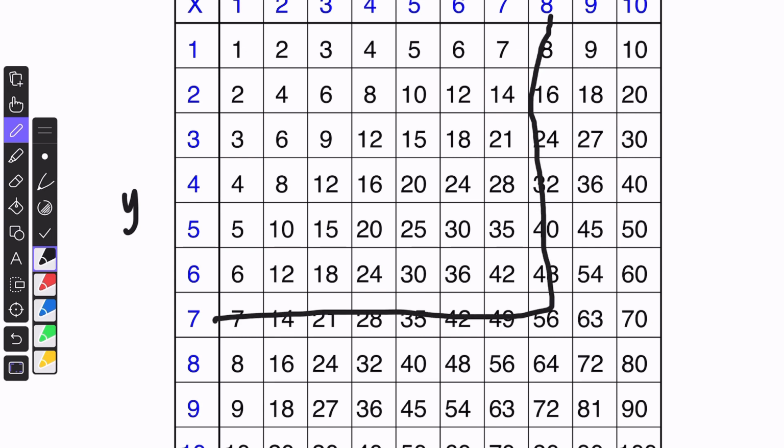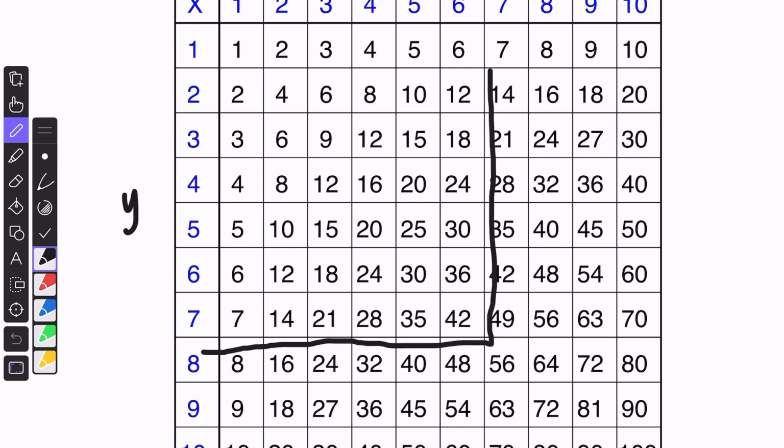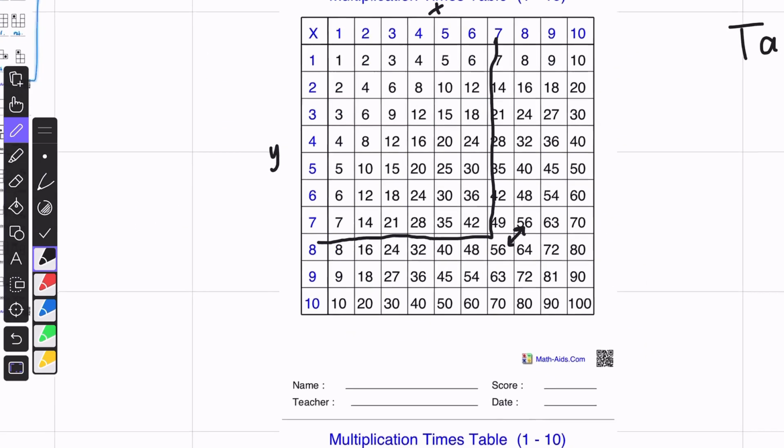And then I see that 8 times 7 is 56. If you don't like that way, you can also go this way. You go 8, and then until it hits 7 on the x-axis. 56, you're going to get the same answer anyway. But it's all about personal preference, so honestly, do what you want.